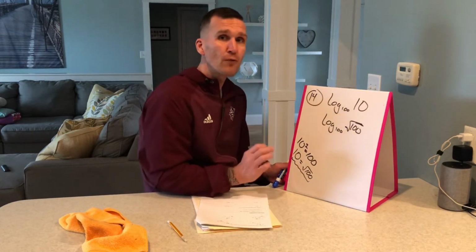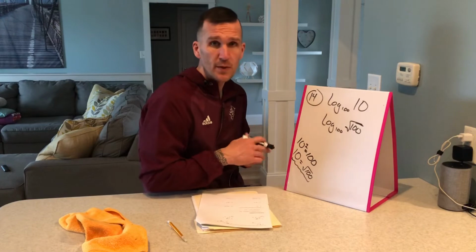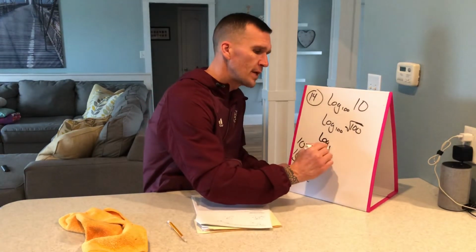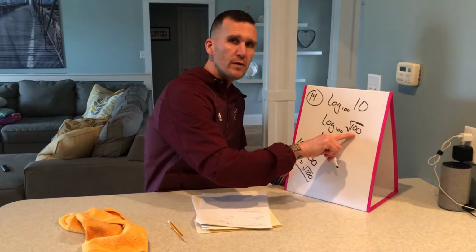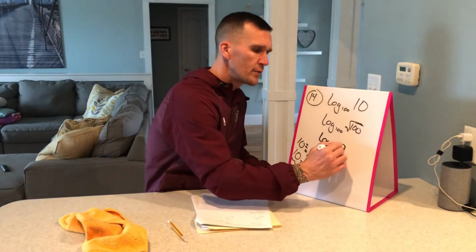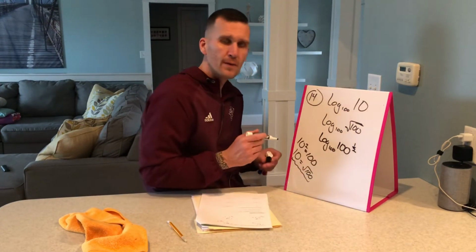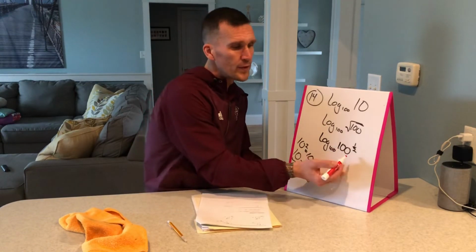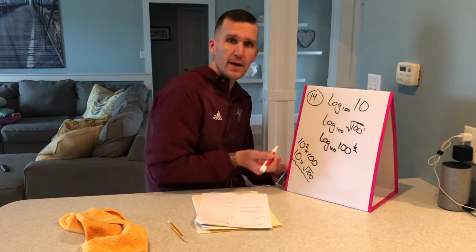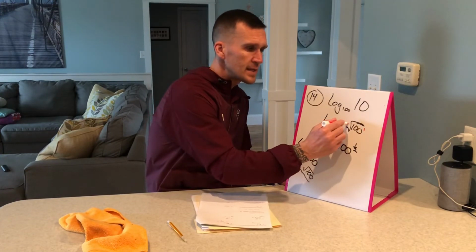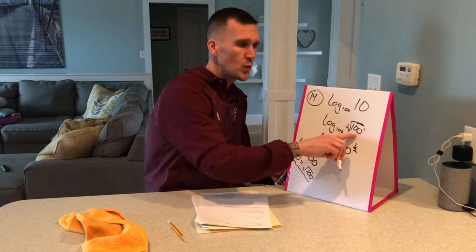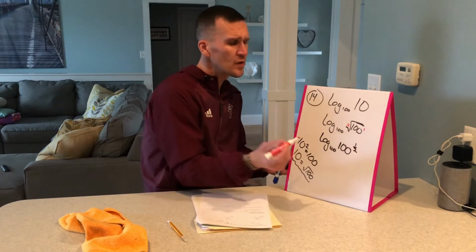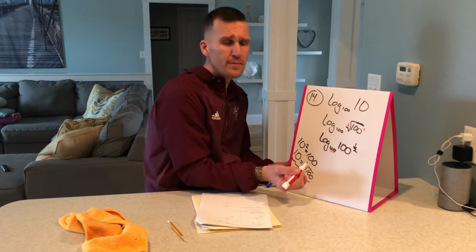But if I can take a radical and turn it into a rational exponent from our previous chapter, I would know that log base 100 of the square root of 100 could turn into 100 to the 1/2 power. Now, remember where you get your fraction exponent. The numerator is the power of your radicand, and the denominator is the index of your radical. So that's 100 to the 1/2 power. Now, I'm so close. The 100 is the base.